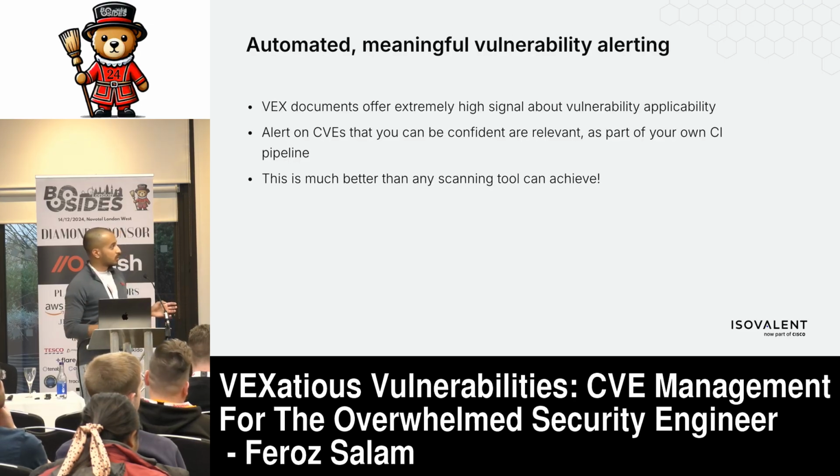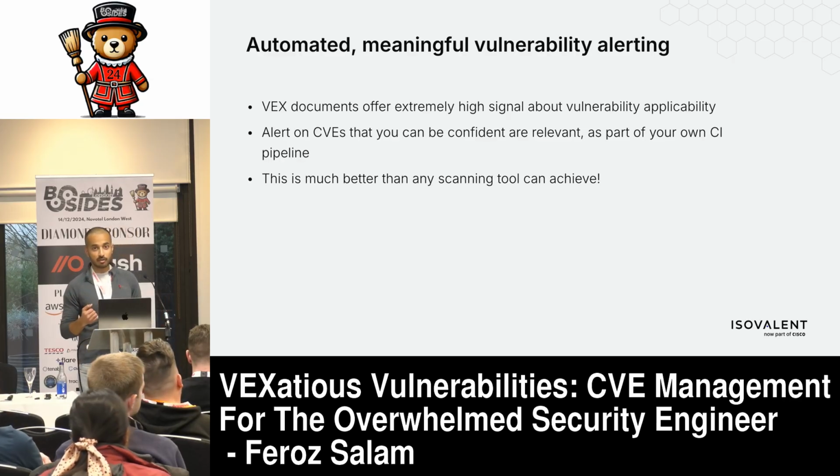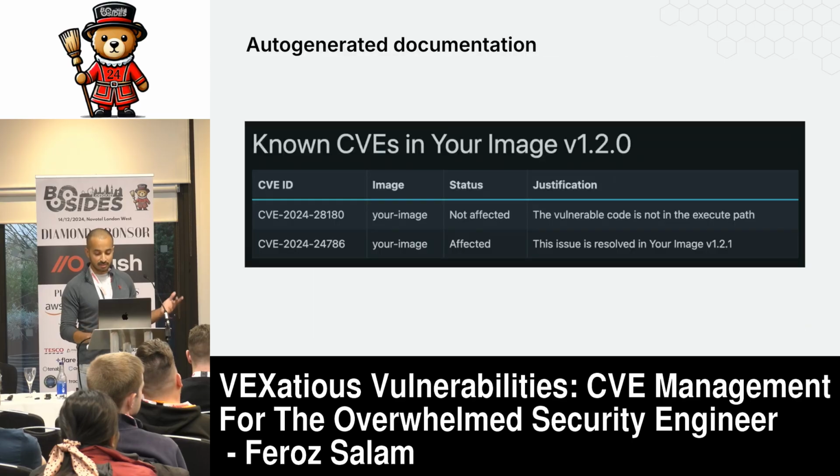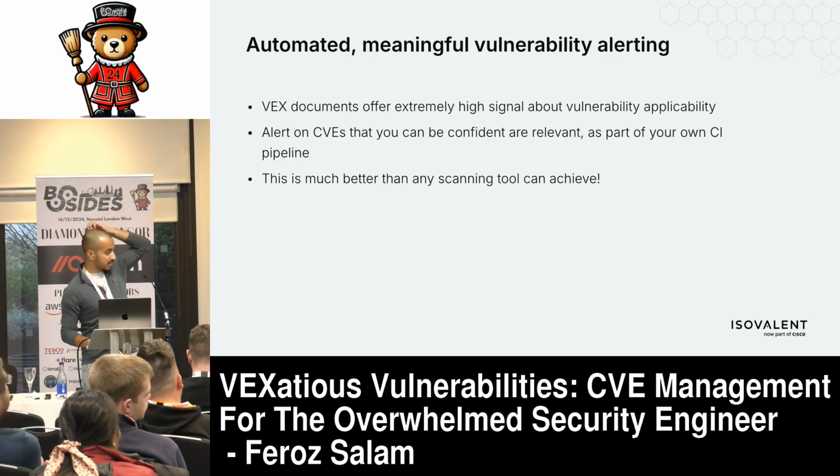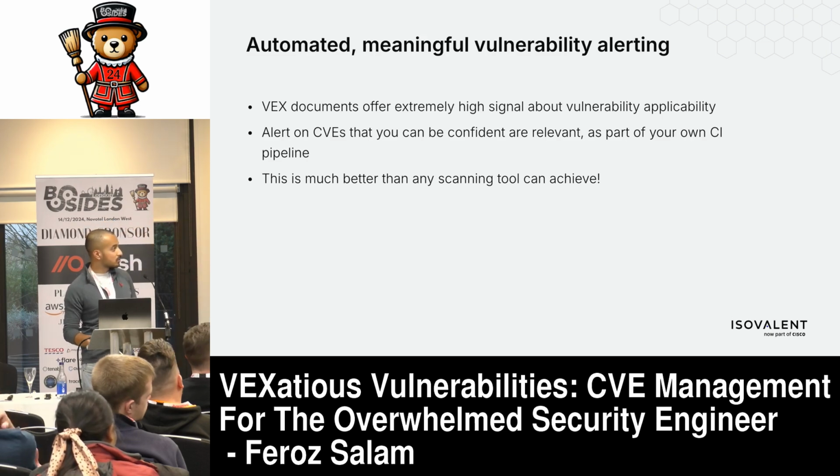So far I've talked mostly about how this would help me, but if you consume software as well, VEX documents that show that an image is affected, like this second example here, are extremely useful because they're extremely high signal.